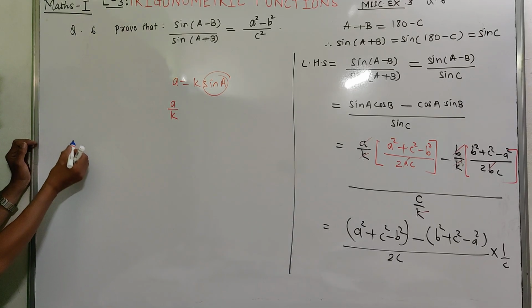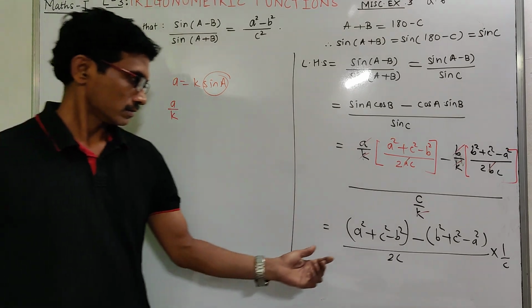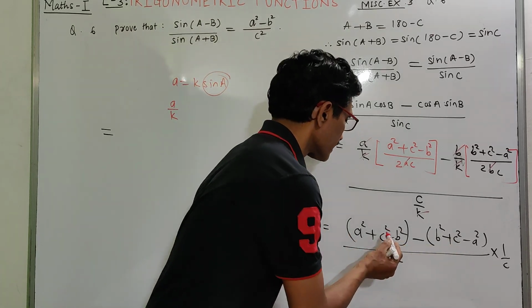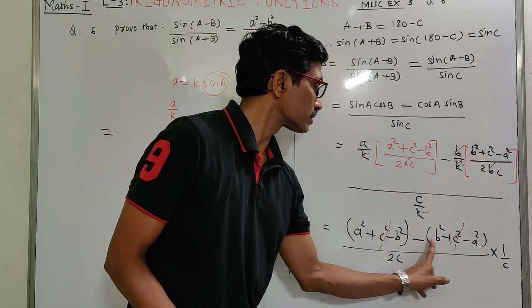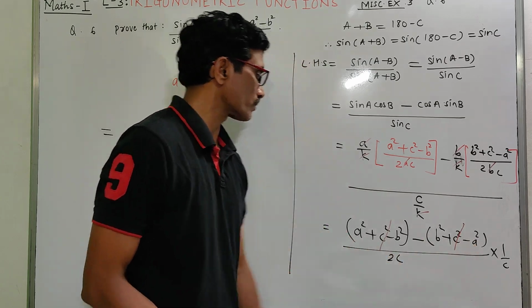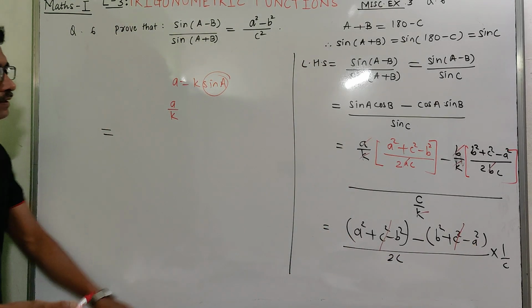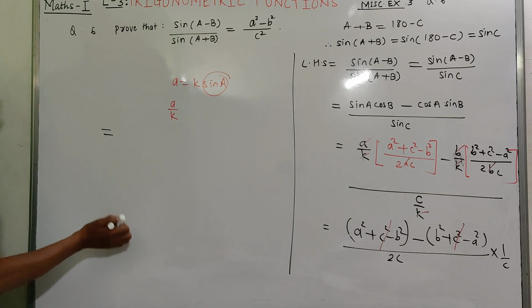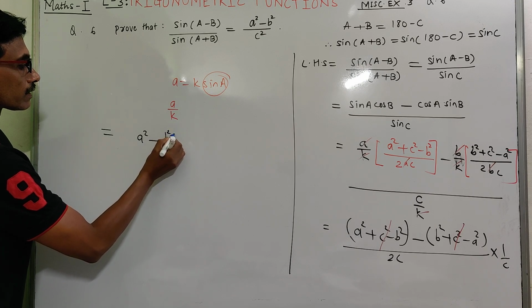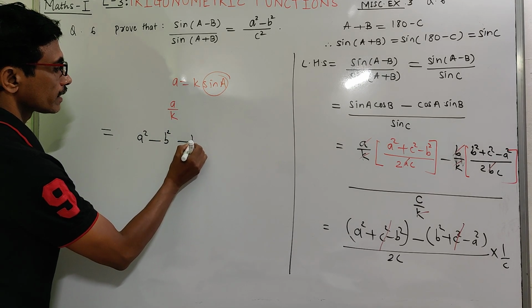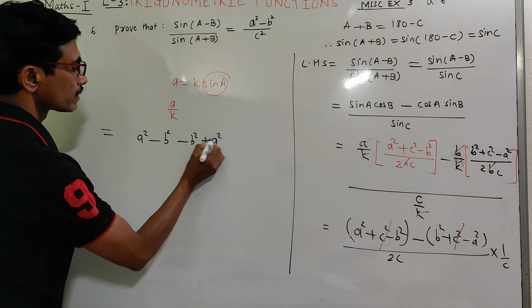So therefore here c square and c square are getting cancelled. Minus of minus a square will be plus a square, so a square minus b square, then minus again b square plus a square.